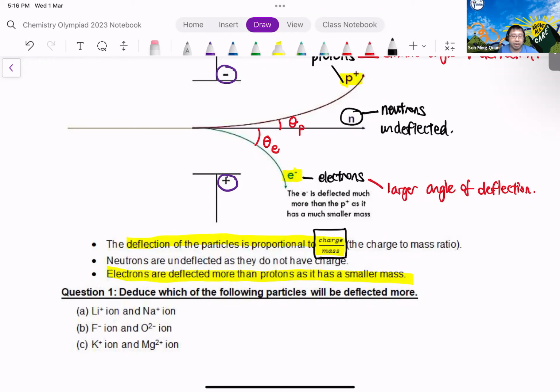Okay, so I hope you are working on 1A. You should be able to find the mass of lithium and sodium.